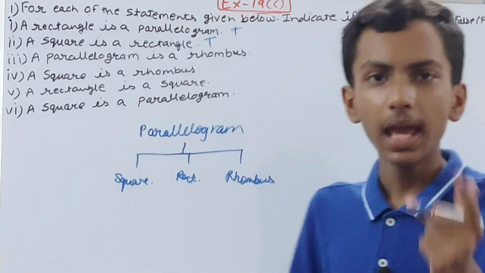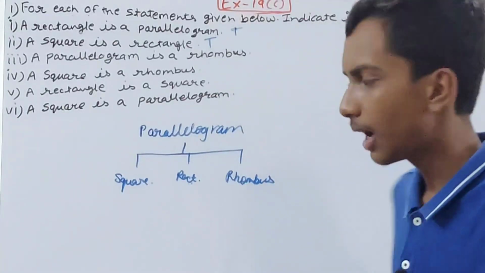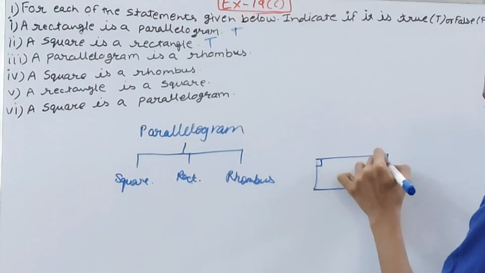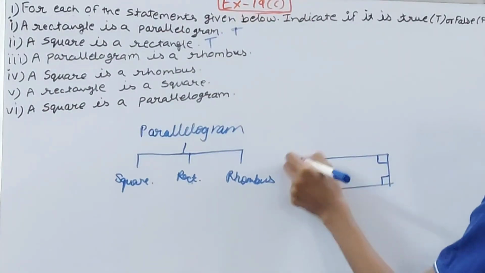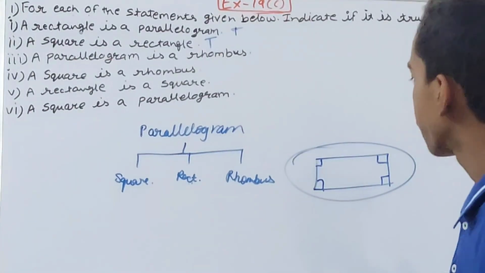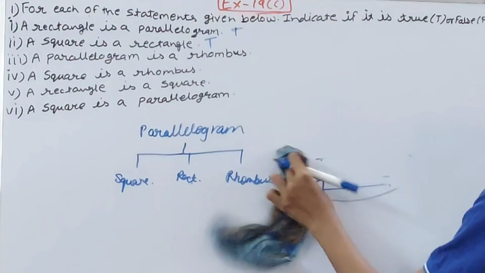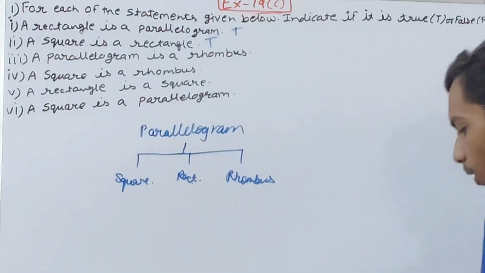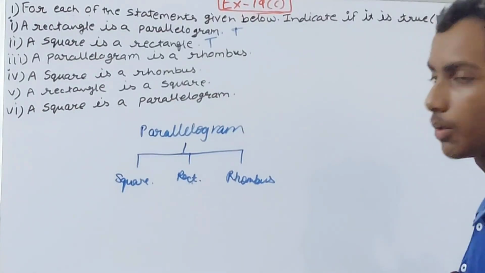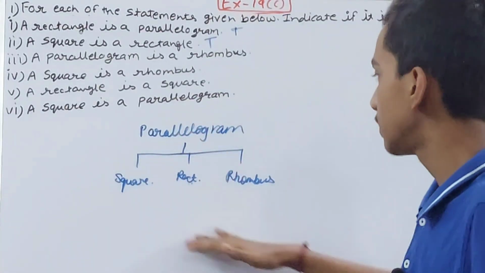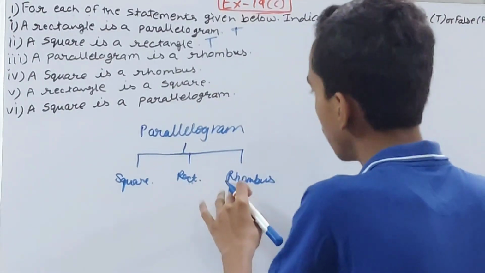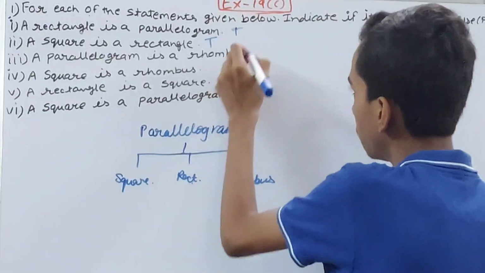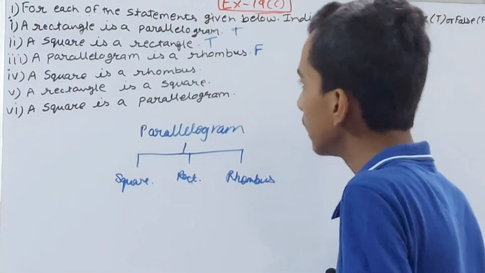Let's say the angles of the parallelogram that I make are 90 degrees, that won't be a rhombus. And if all the sides are not equal, that's not going to fulfill our need. All the sides have to be equal in a rhombus. So not always will the parallelogram be a rhombus; sometimes it can be a square or rectangle too. So this is false.